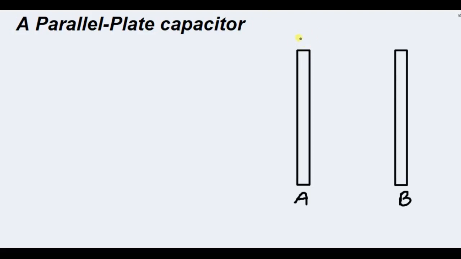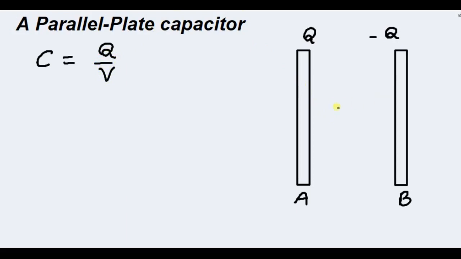Q and minus Q are the charges on the plates A and B respectively. Then capacitance is defined as C is equal to Q upon V.